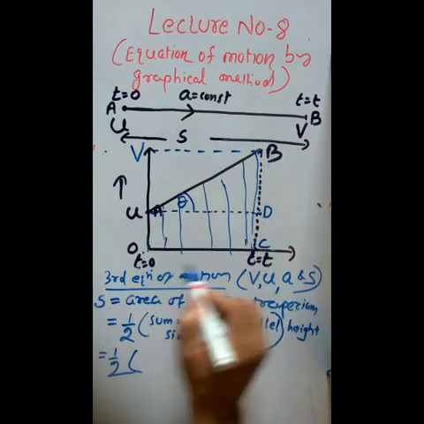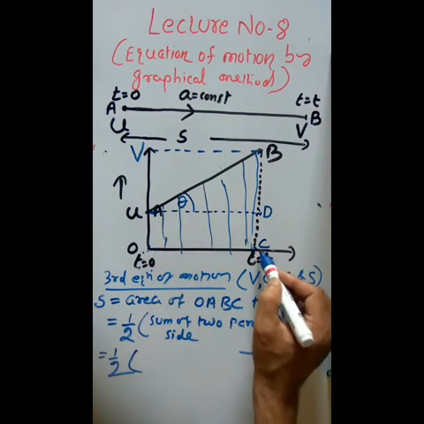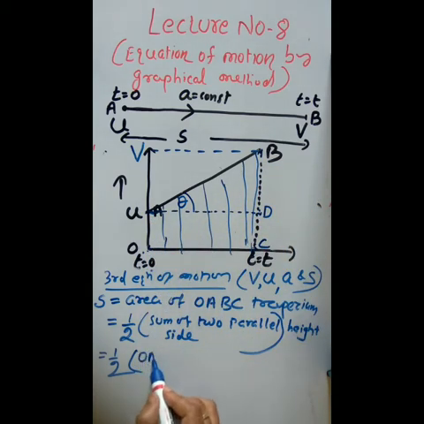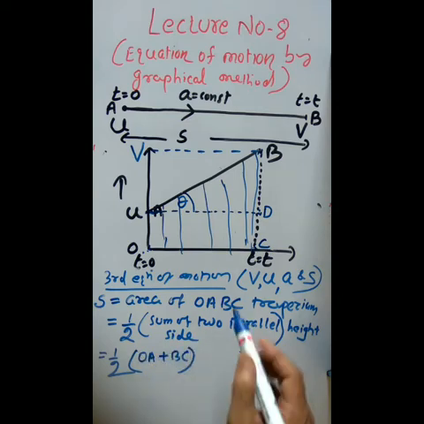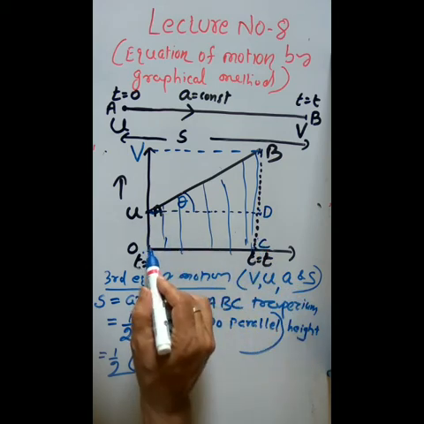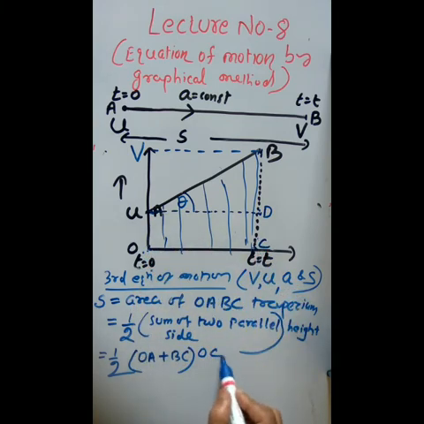In this trapezium, OA and BC are the parallel sides, so the sum is OA plus BC, into height. Height means the distance between these two parallel sides, which is OC. Clear?